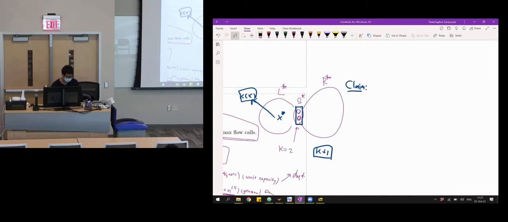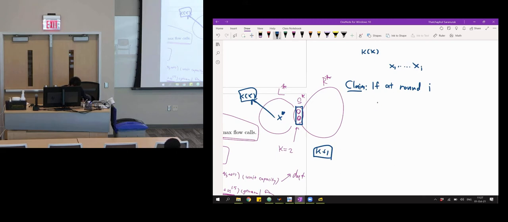The claim that I think might be true is this, though I'm not sure yet. The algorithm is really just to keep computing kappa of x. At round I, let's say x1 up to xi is the choice of vertices we have chosen so far.